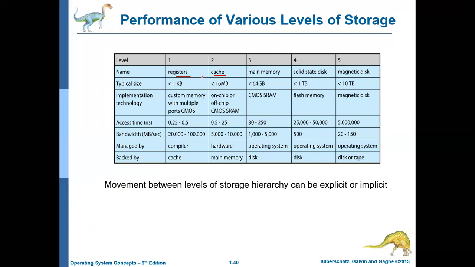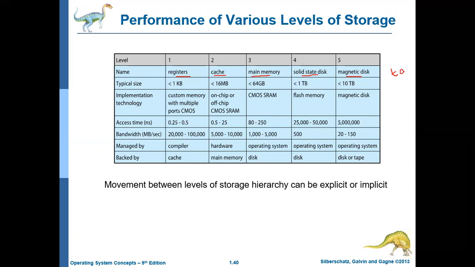The cache that is inside the processor is called internal cache, and the cache that is outside the processor is called external cache. Then we have main memory, then solid state disks, then magnetic disks, and then tapes. So this is the memory hierarchy.